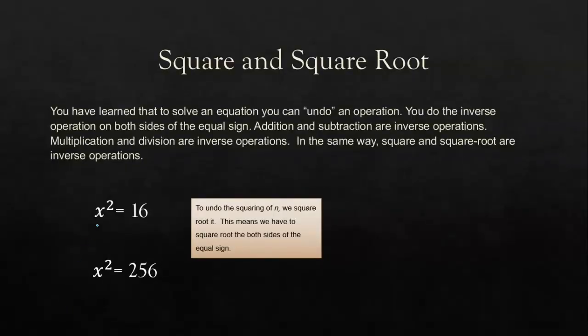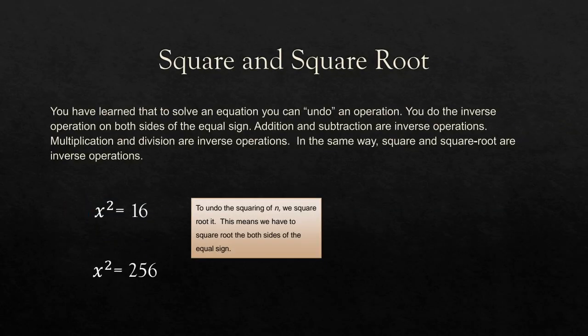So in this expression, we have x squared equals 16. To undo this operation, we take the square root of this side and the square root of this side. We're going to be left with x equals plus or minus 4.